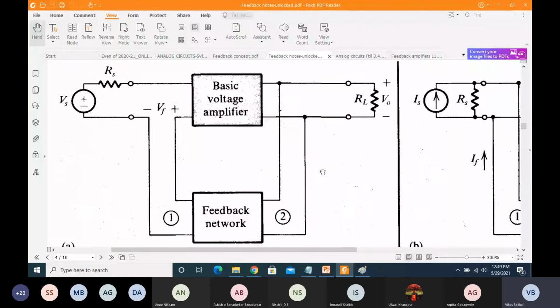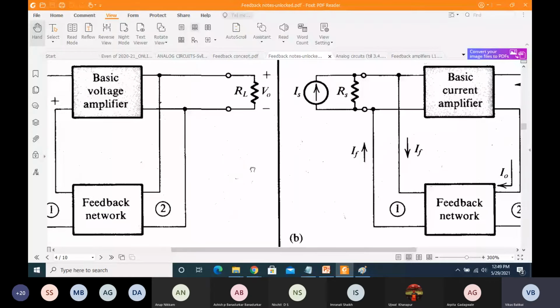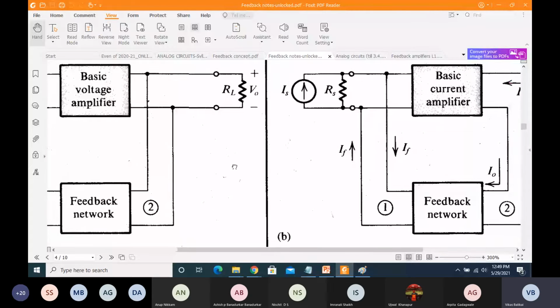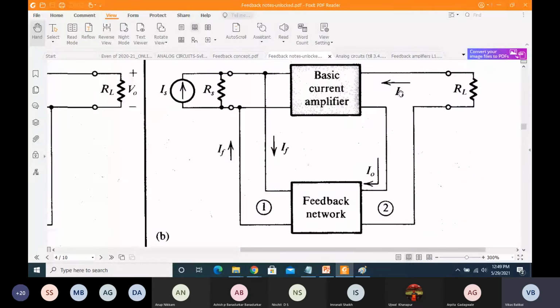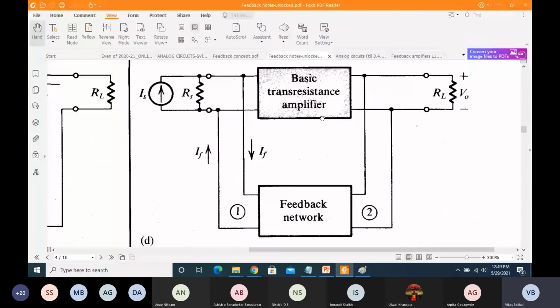And if both input and output are measured in terms of currents, I call it a basic current amplifier. And what if the input is current and the output is voltage? That is known as the trans resistance amplifier. This is how the differentiation is carried out between the different amplifiers.